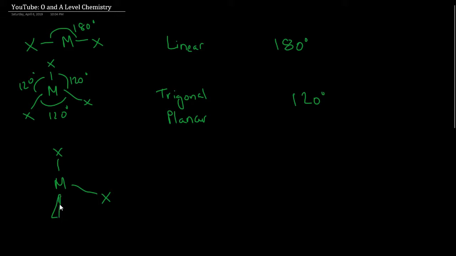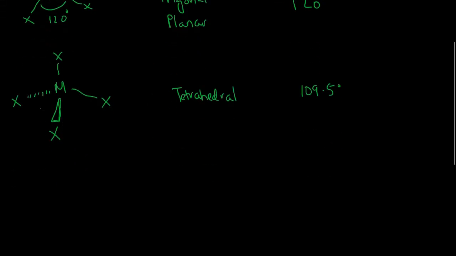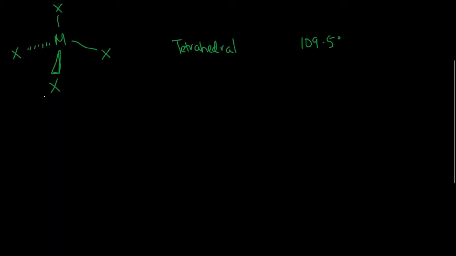When I'm drawing this, it means that this one is coming out of the page, and this one is going into the page. So this represents a three-dimensional diagram. This type of shape is called tetrahedral, and the bond angle is 109.5 degrees. So the bond angle between each bond is going to be 109.5 degrees.